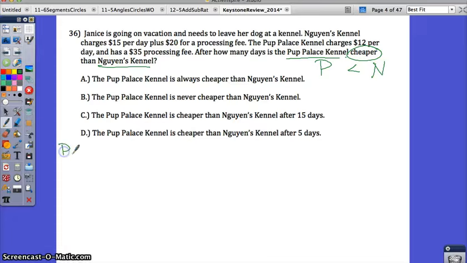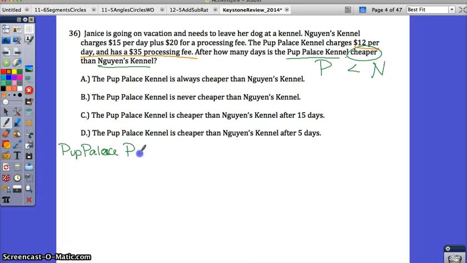Okay, so the Pup Palace, I'm going to represent that by P. What's the cost of that one? Let's go through the words here. Pup Palace charges $12 per day and has a $35 processing fee.